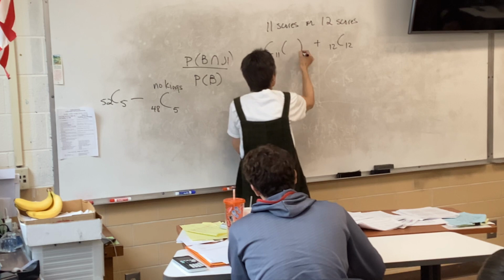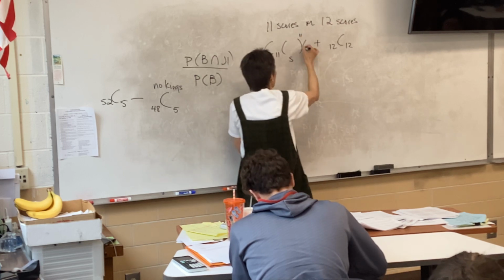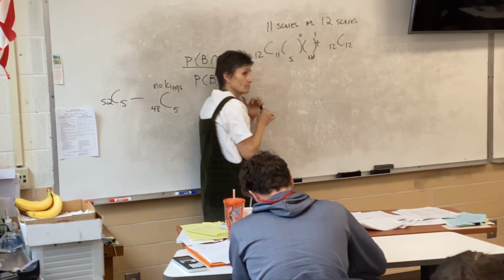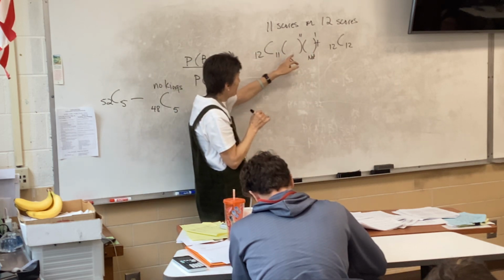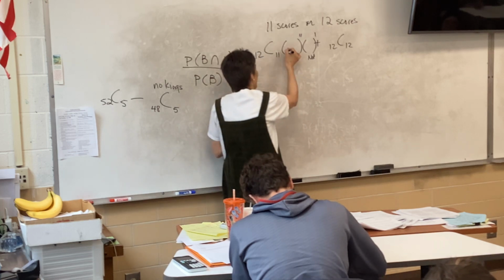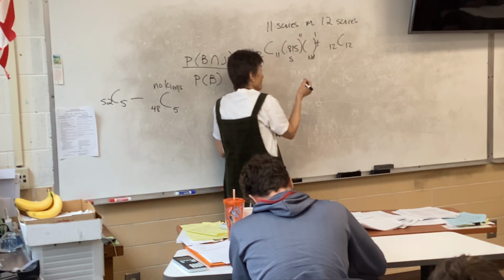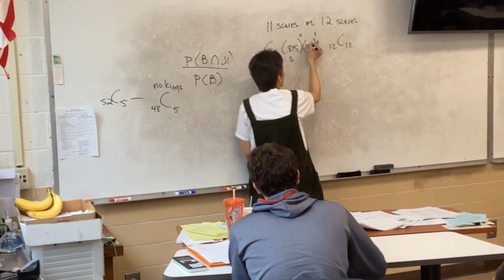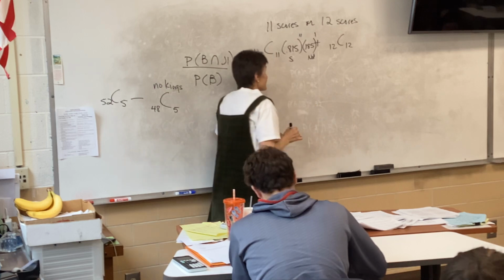I want 11 scores and 1 not scored. What is my probability of scoring? 0.815. Which means my probability of not scoring is 0.185, isn't it?